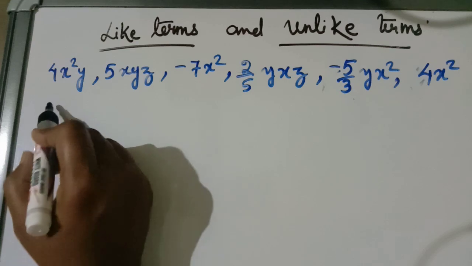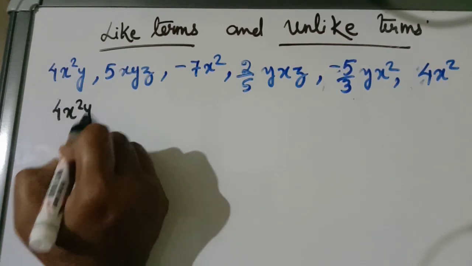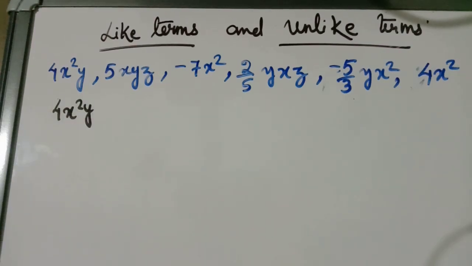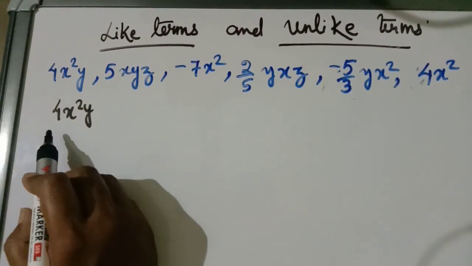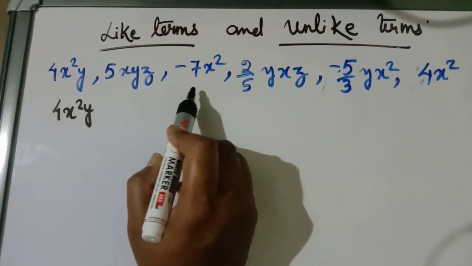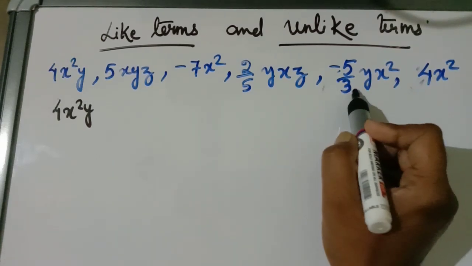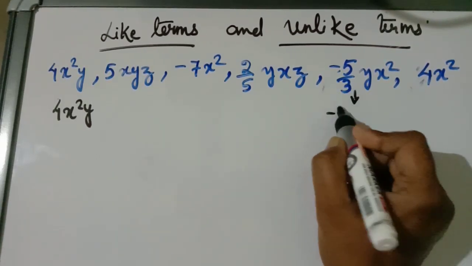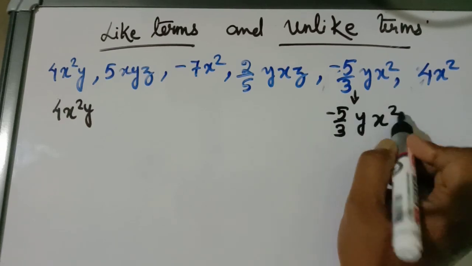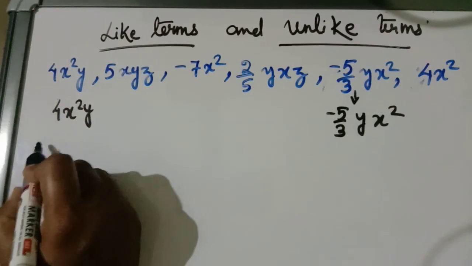So, like terms are 4x square y. You have to find whether another 4x square y is present here or not. Yes, I can see another one, minus 5 by 3 y x square. They are like terms. Now let us see how they are like terms.